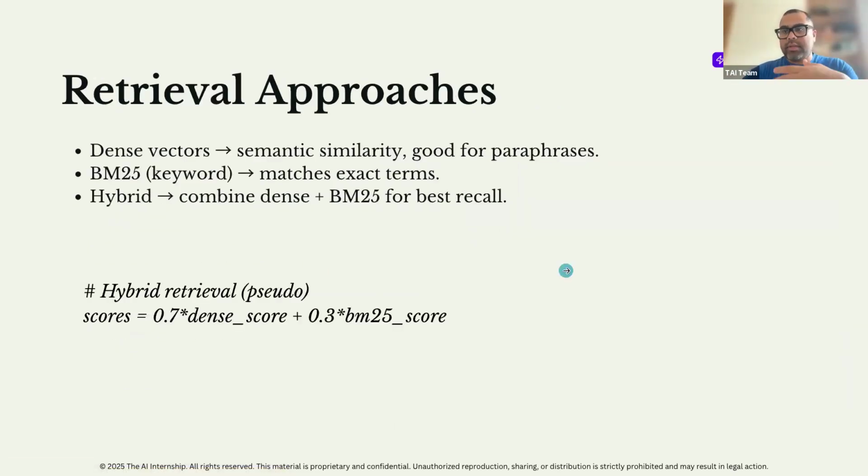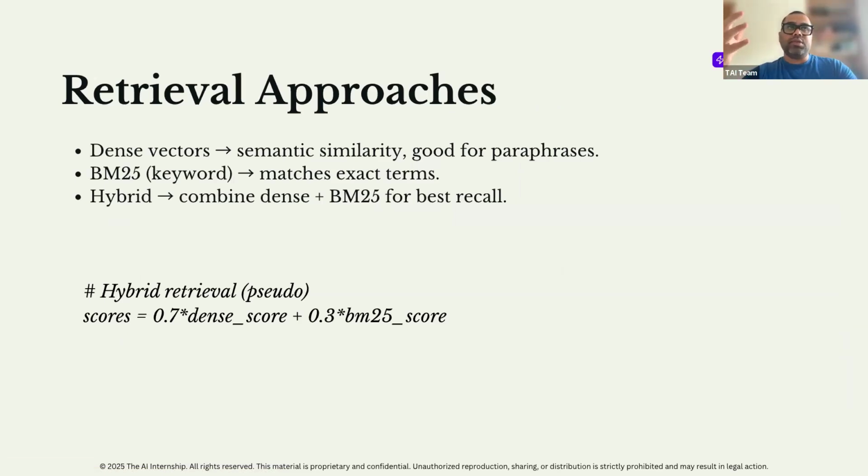This is the normal computer science retrieval concept. You may use dense vectors, which means you use cosine similarity to figure out the most similar pieces of information relevant for this query, and you extract that.